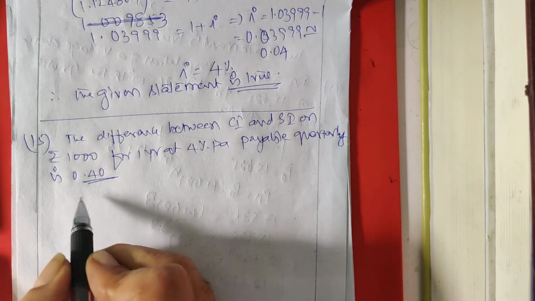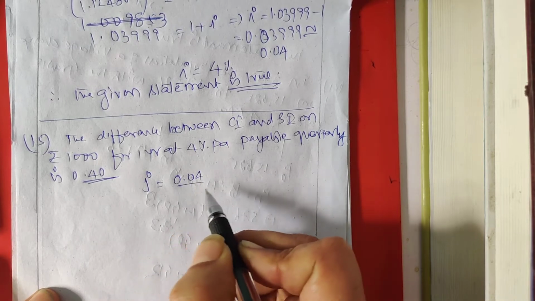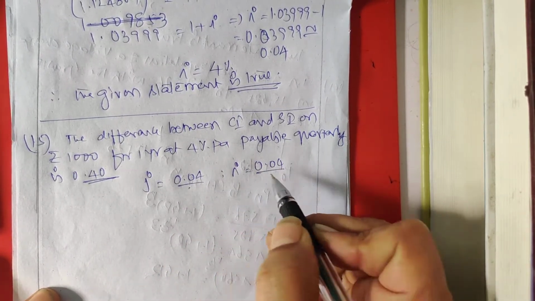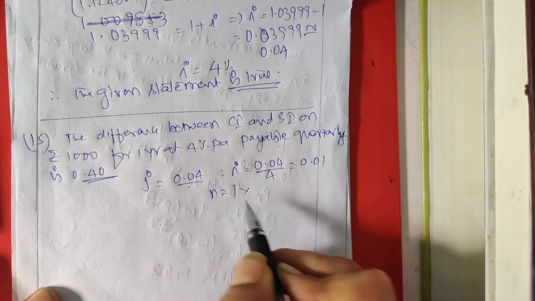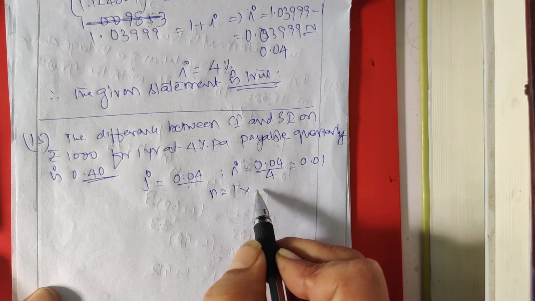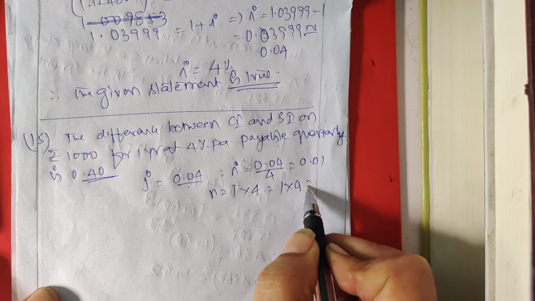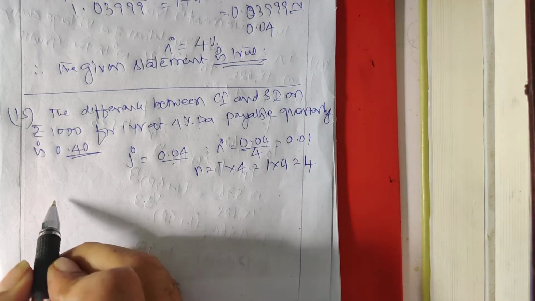Let us calculate. The nominal rate of interest is given as 4%. So i is equal to 0.04 divided by 4, which is 0.01. n is equal to t into 4, for 1 year, 1 into 4, 4. How many times will the bank calculate interest, sir? 4 times.